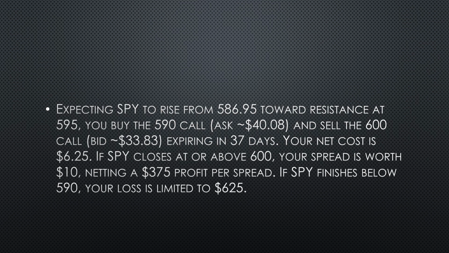If the SPY closes at or above 600, your call spread is worth $10, netting $375 profit over the spread. If the SPY finishes below 590, your loss is limited to $625. Vertical spreads let you profit from moderate moves with less capital at risk and a higher probability of success than buying a naked call.